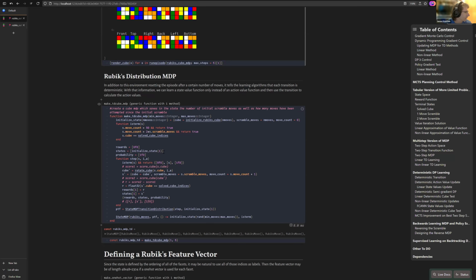Here I'm defining a cube where the difference from the previous one is that I'm telling the solution techniques that this is a problem where I fully know the distribution of the transition. In this case, it's not really a distribution. This is the probability of this transition happening, and the probability is just one. So when I make a move, there's only one cube that it ends up in.